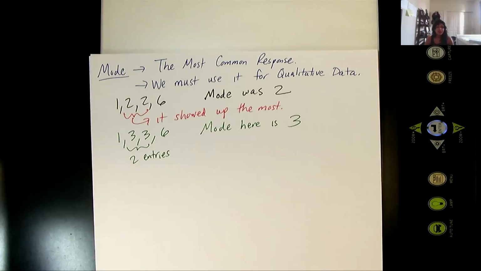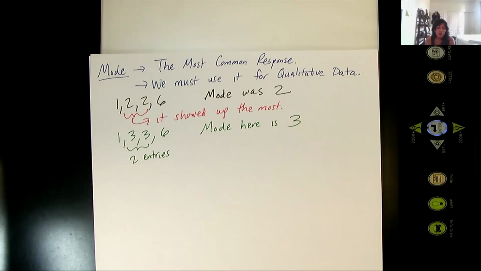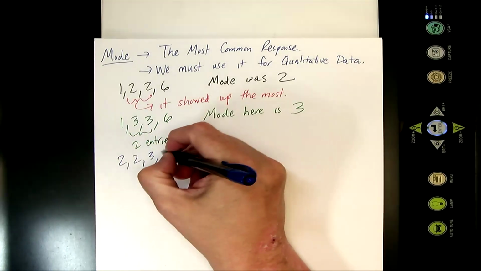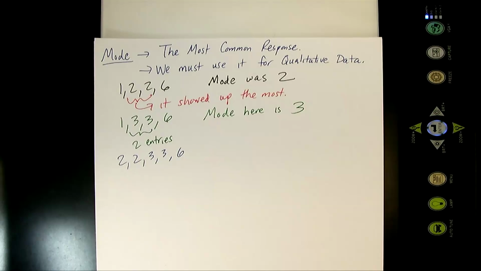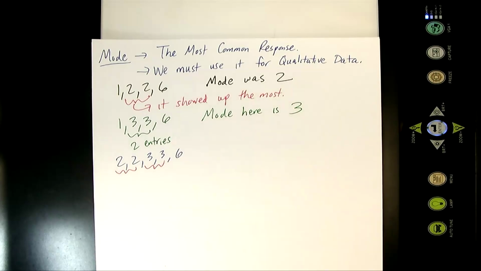Will we ever have even entries? What do you mean? Like if you have 2 numbers that have the same frequency, like they show up the same? Oh, like 2, 2, 3, 3, 6? Yeah. So I was getting to that. I'm glad you segued right into what I was going to say.